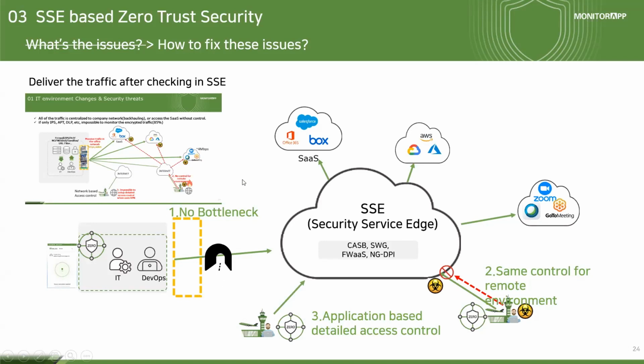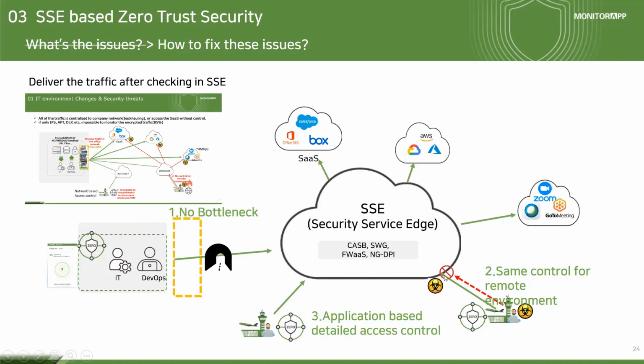And second, you may remember there were three major security issues in the current architecture. Number one was the bottleneck in the office network, but since there is no appliance in the office network, there should be no bottleneck.